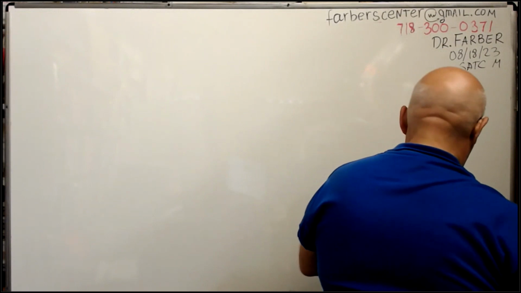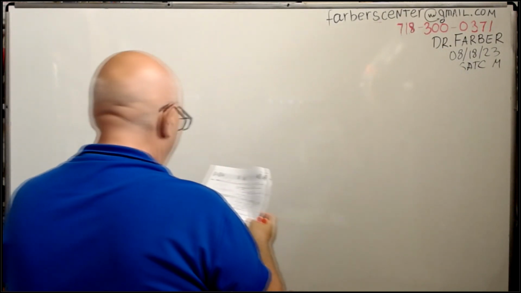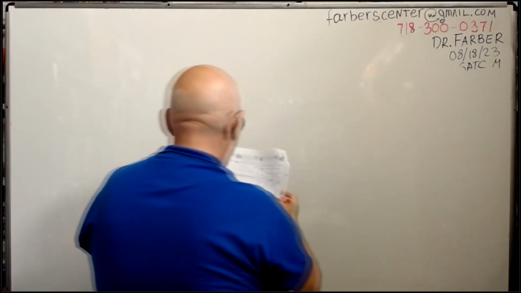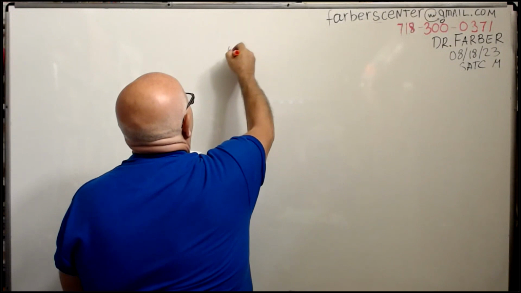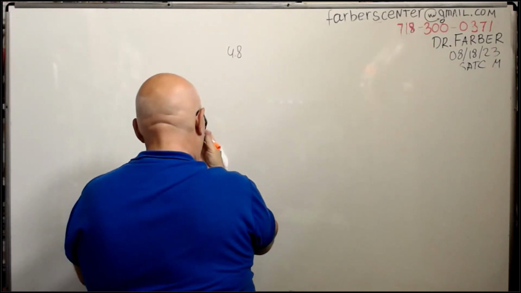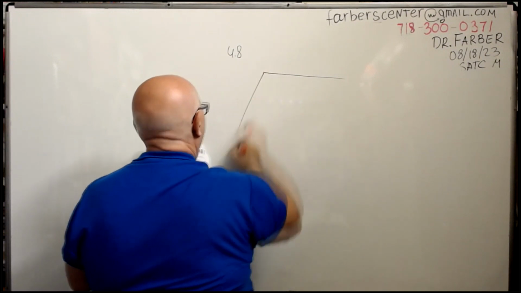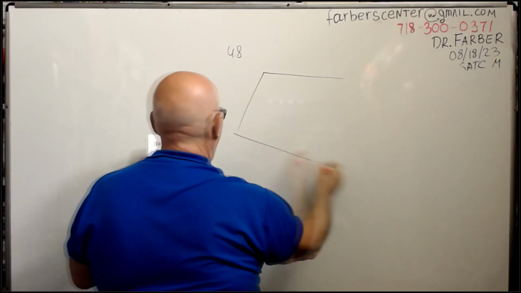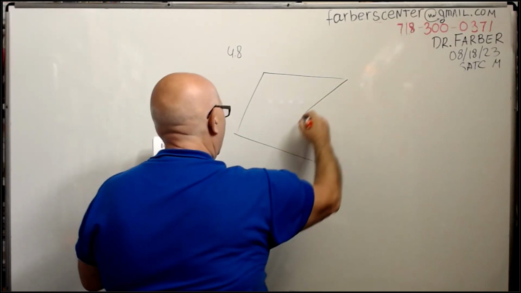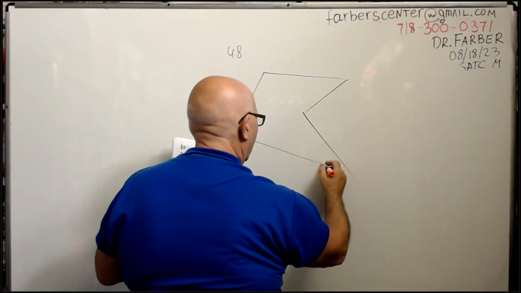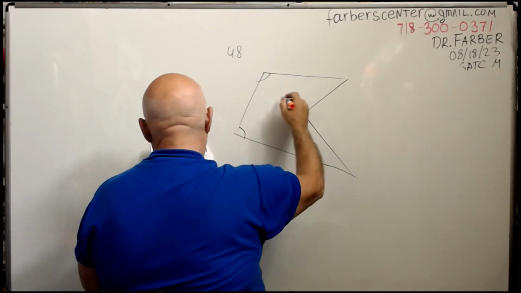What is the average arithmetic mean of the measures in degrees of the 5 angles shown? Okay, thank you. Let me make a picture. We have these angles.